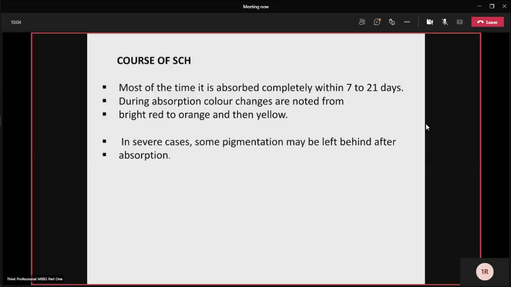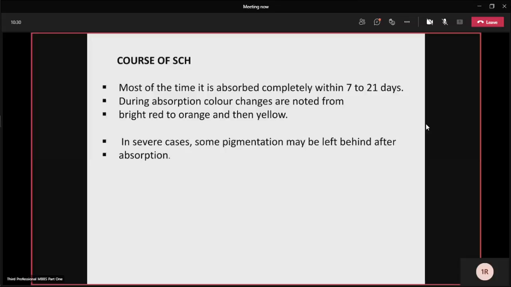So what happens to a subconjunctival hemorrhage? Generally, most of the time it will reabsorb spontaneously within 7 to 21 days. Generally it takes 3 weeks and resolves spontaneously. During absorption the color changes from bright red to orange and finally yellow.